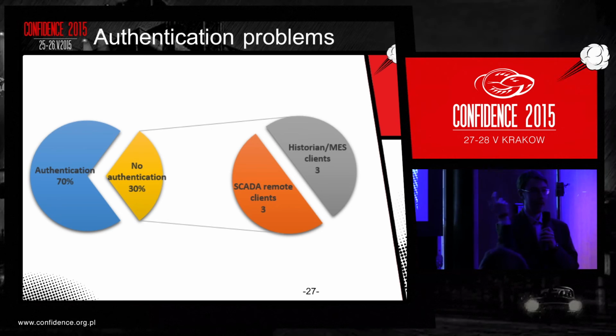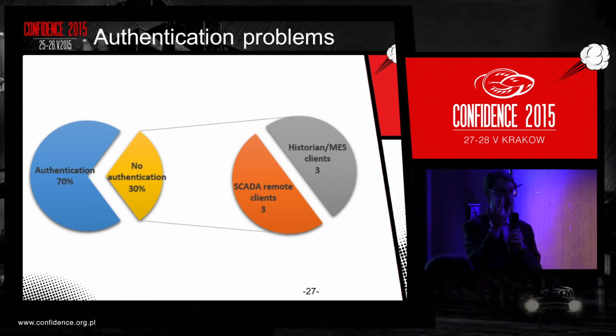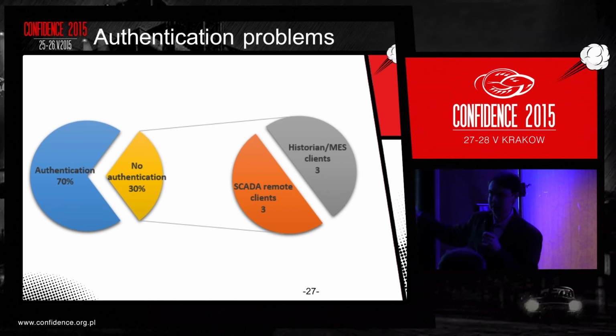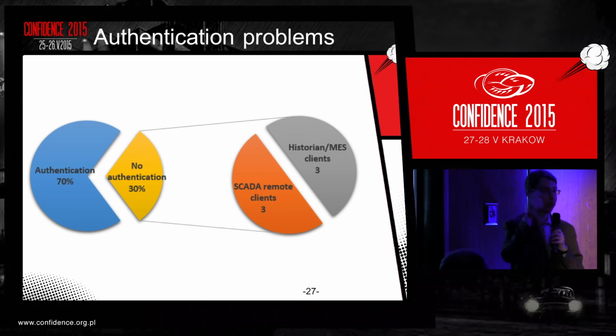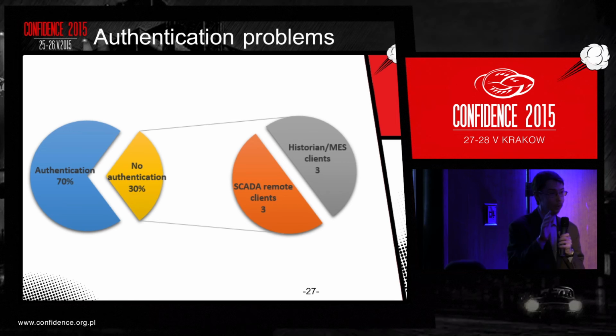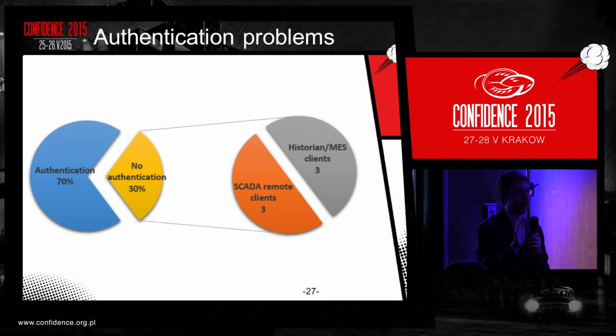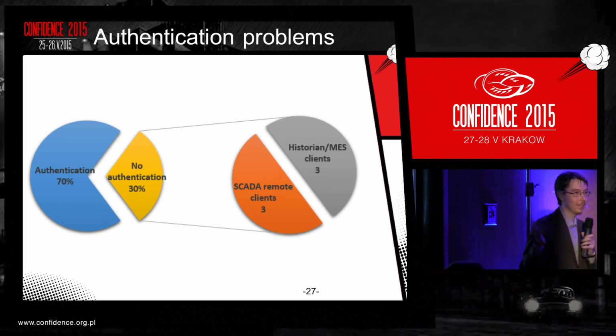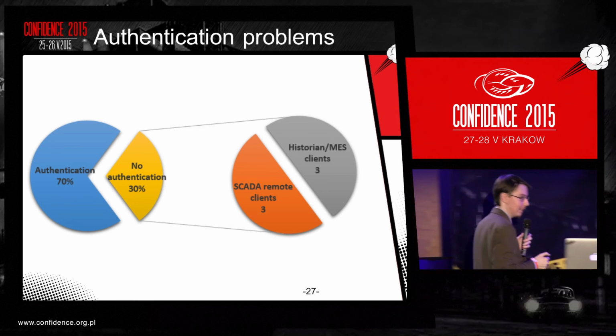So they use either plain text authentication, no authentication, or username-only authentication. Weak SSL and other things aren't on this slide. Other applications use weak SSL, built-in crypto keys, and other terrible things. So most of them have problems with authentication. I assure you. Okay, I was just curious how many.